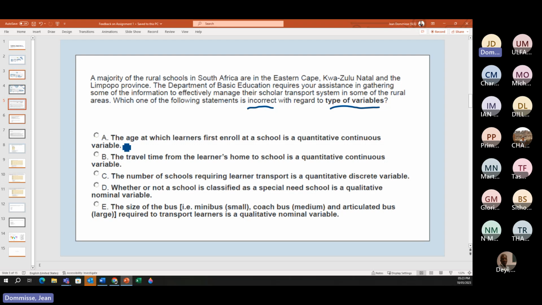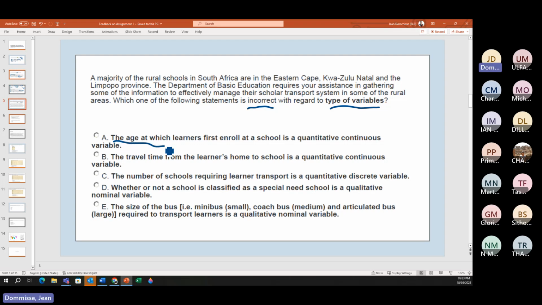Okay, so the age at which learners first enroll at school is a quantitative continuous variable. True or false? And you can even just type in the chat as well.